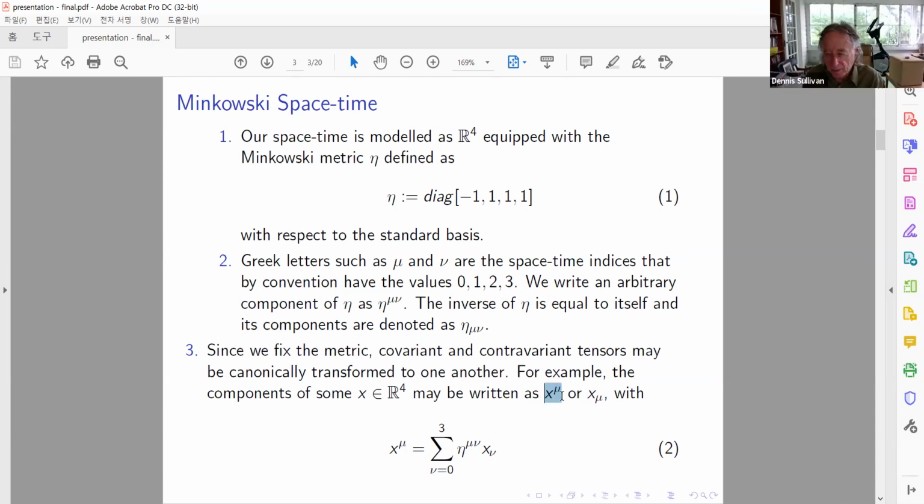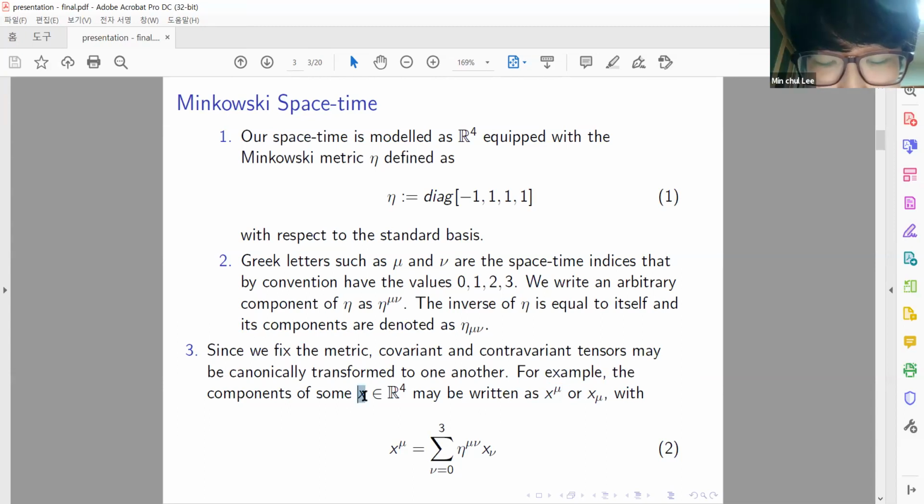A point in space-time. The point itself can belong either to R4 or its dual because they are isomorphic. Well, yeah, but which one is which, upper and lower?